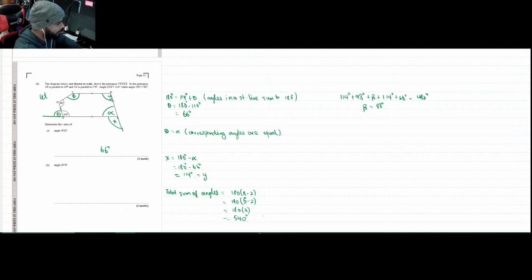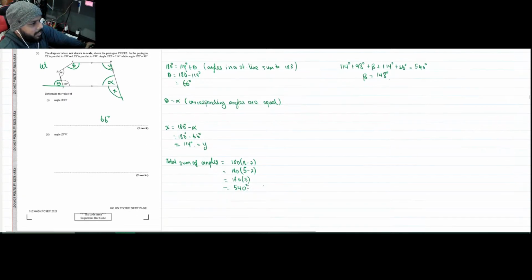Sorry guys, a little mistake in my calculation. So you see, even I make little mistakes. Beta is 148 degrees. That is why I always use a calculator. Alright, my mistake.